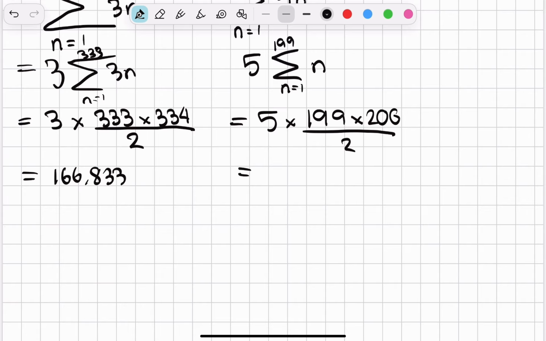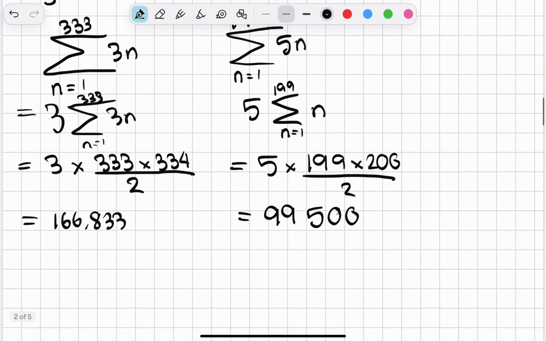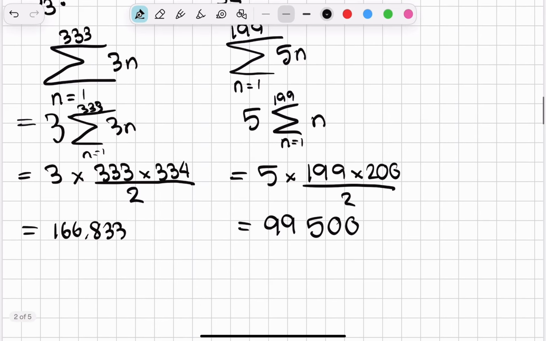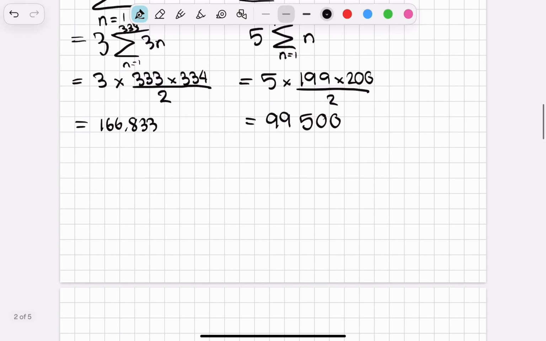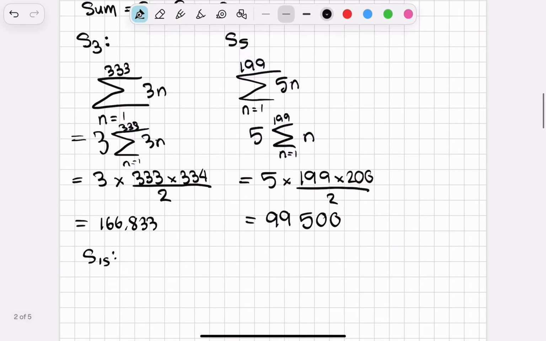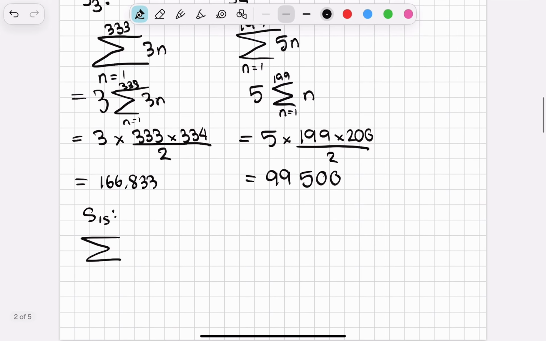99,500. Cool. S15. The largest term in this series is 990, and if we divide that by 15, we get 66.